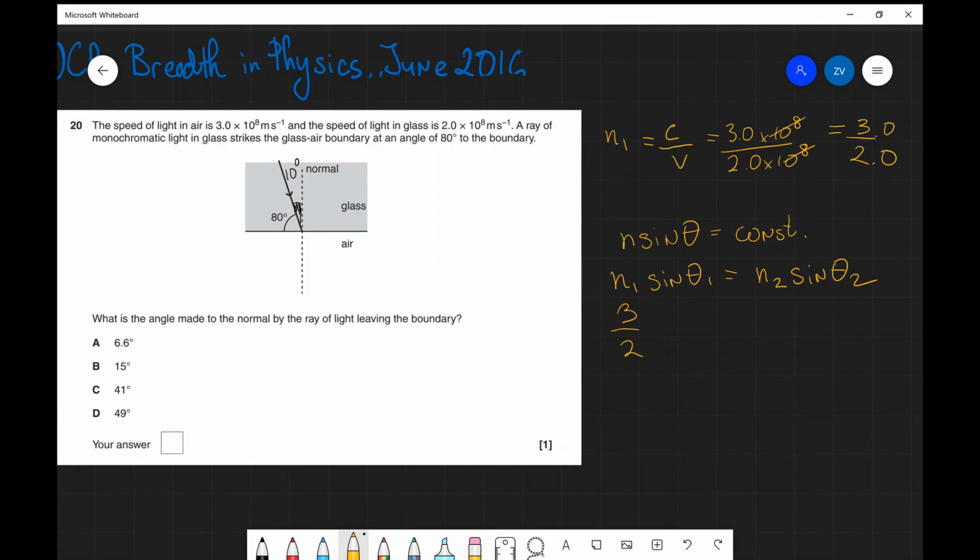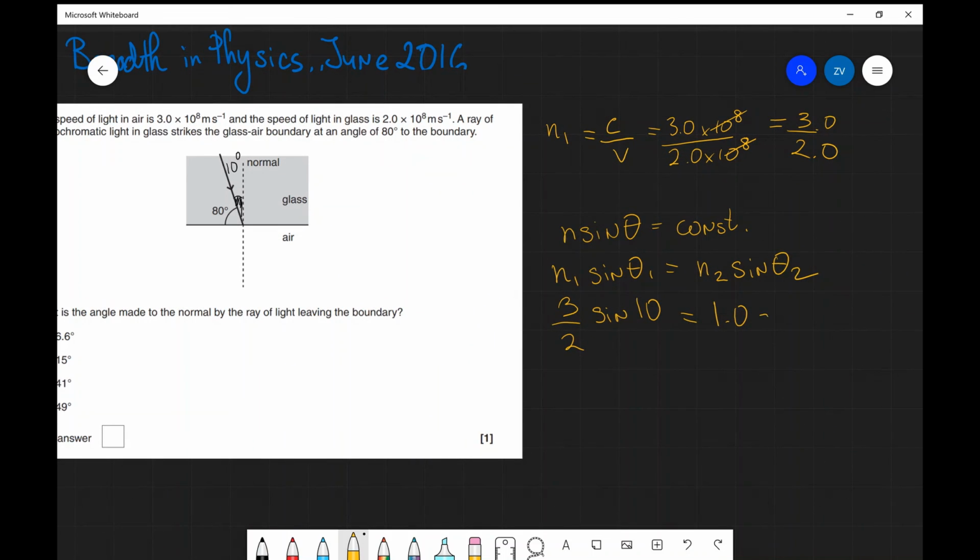This is our angle of incidence, which is just 10 degrees. So 3 over 2 sine of 10 is going to equal n2 sine theta 2. Now the refractive index of air is just 1, so we can assume that to be 1.0, multiplied by the angle that we're looking for, sine theta 2.